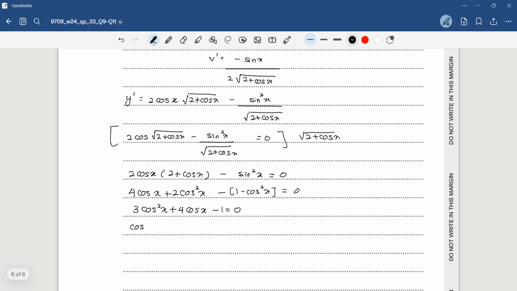Therefore, my cos x will be negative b plus minus the square root of b squared minus 4ac. So 16 plus 4 times 3, 28, over 2a.